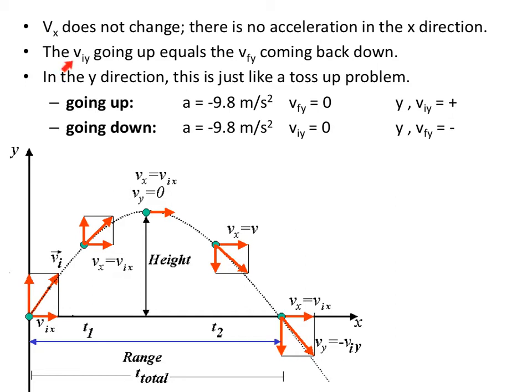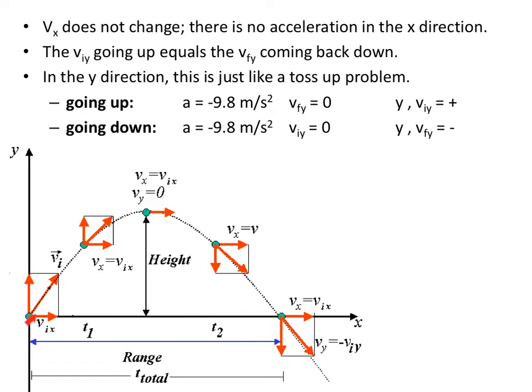And the Vi going up is going to equal the Vf coming back down. Whatever this value is, it will be the same as this value right here. The overall vector right here, Vi, let's say it's 10 meters a second. And it's made of a combination of our initial y velocity and initial x velocity.